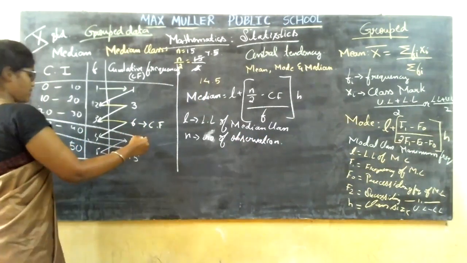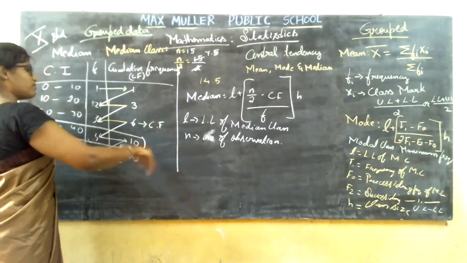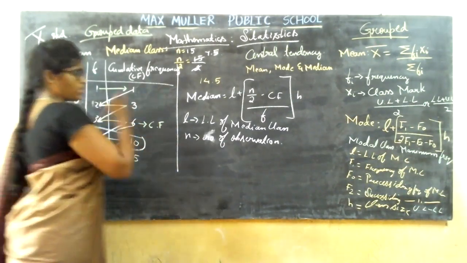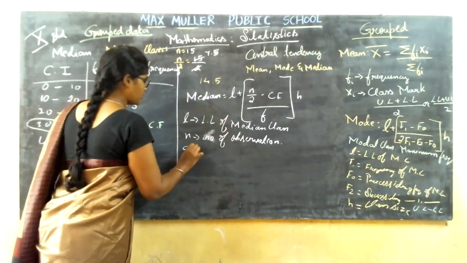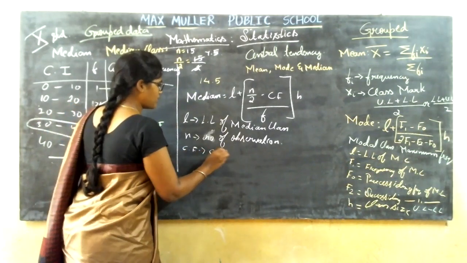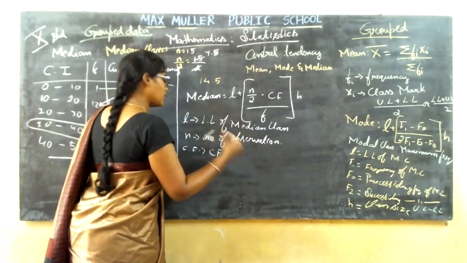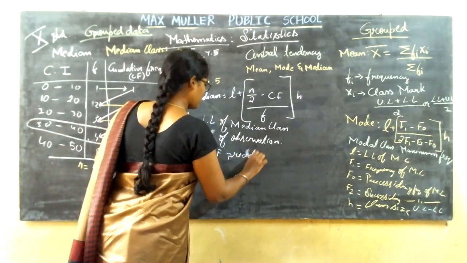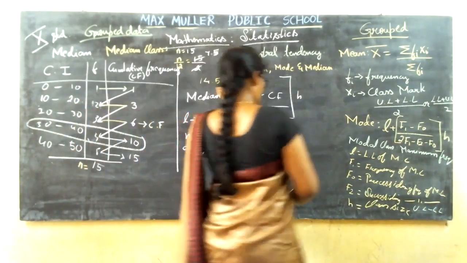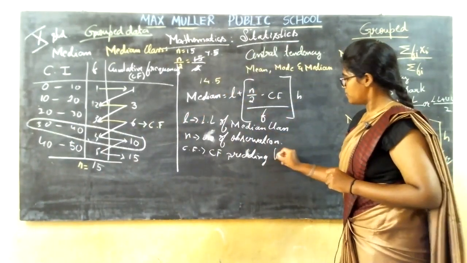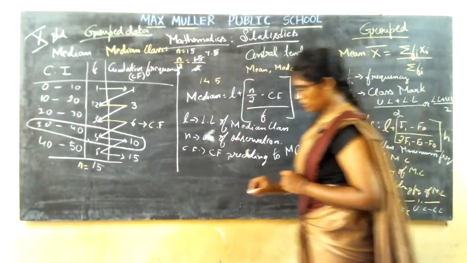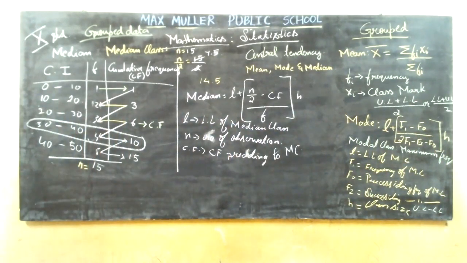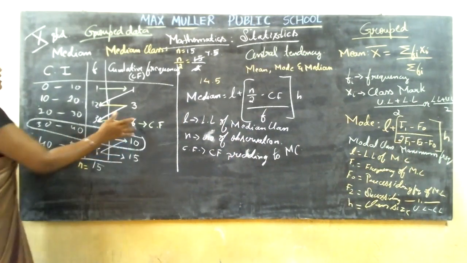Why? Because this is my median class. Correct? Whatever cumulative frequency precedes this is the cumulative frequency I should apply in the formula. So, the cumulative frequency preceding the median class.